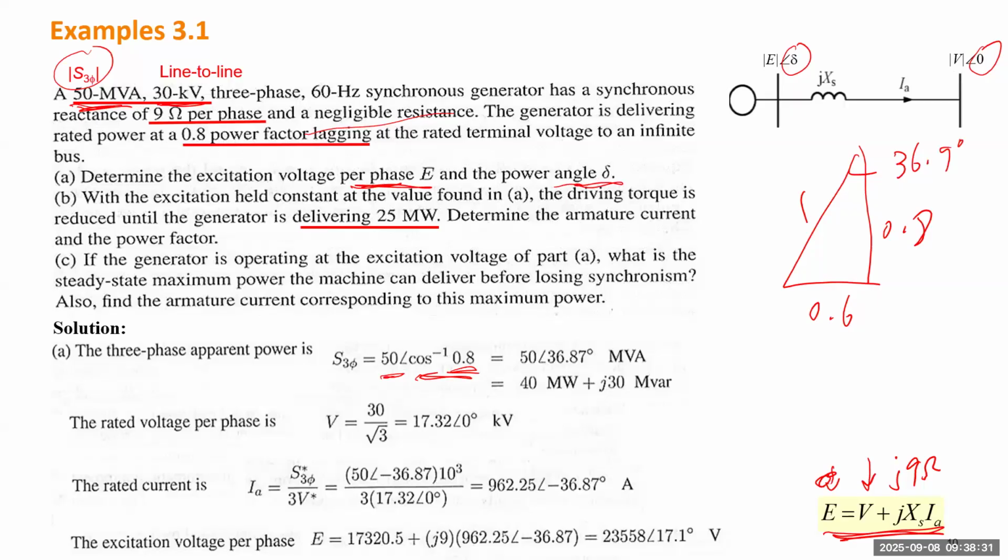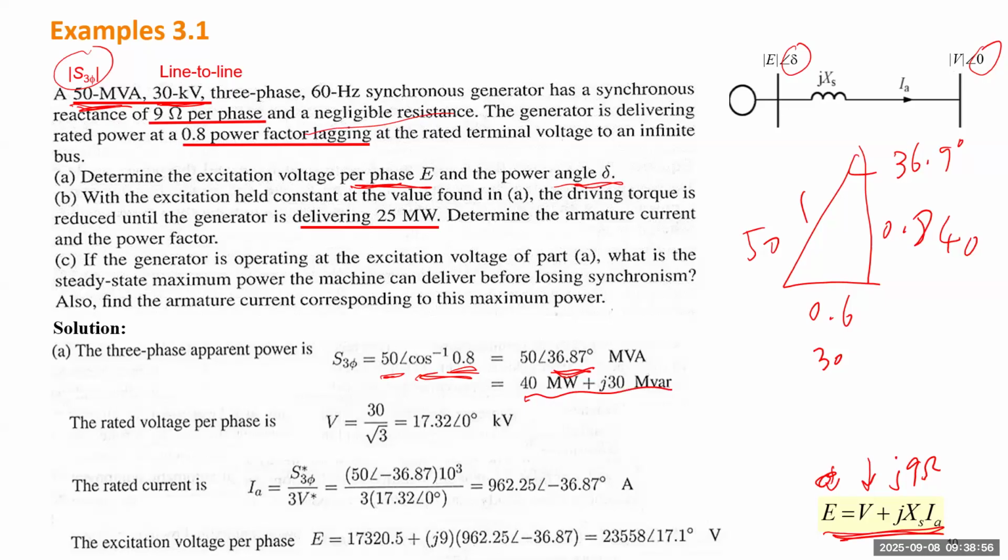You need to keep that in mind. If you keep two digits after the decimal, that would be 36.87 degrees. So if the diagonal is 50, this side is 30 and this side is 40.